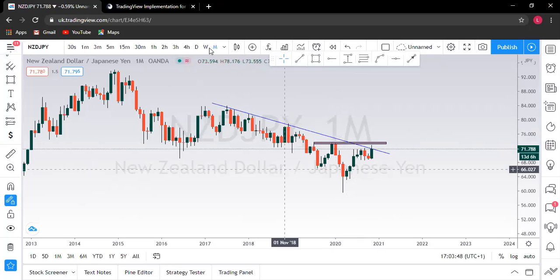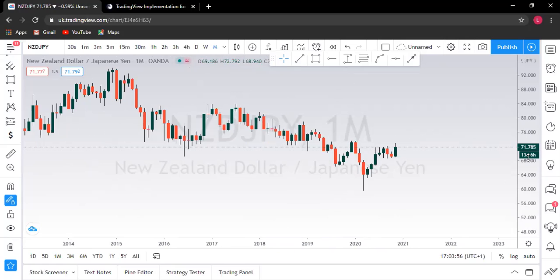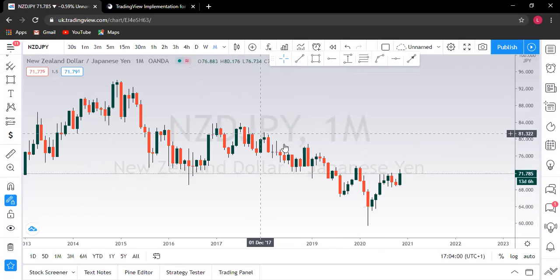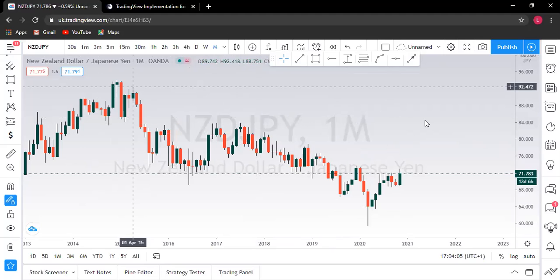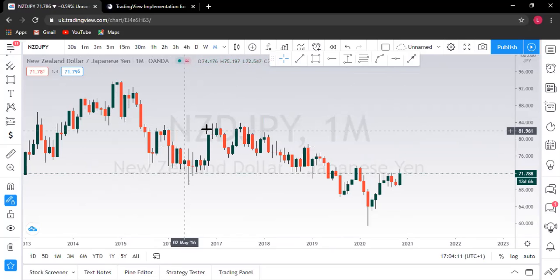You understand? So the next thing for you to do, remember that it is based on a long term bias that okay, in the long run we expect NZDJPY to sell. So if you have a trading journal, you write it there, okay, based on the monthly time frame, we expect NZDJPY to form a new lower low, meaning that we expect NZDJPY to actually sell.